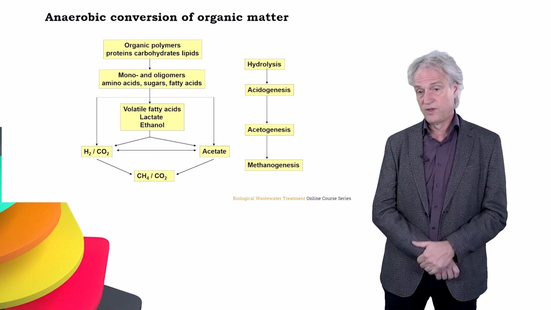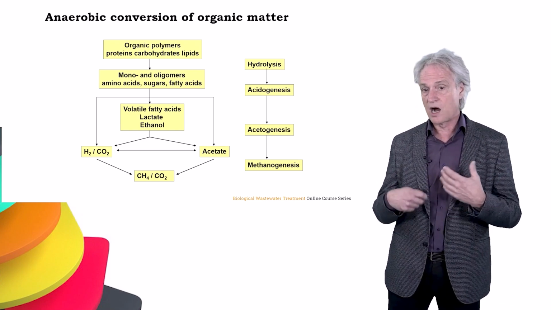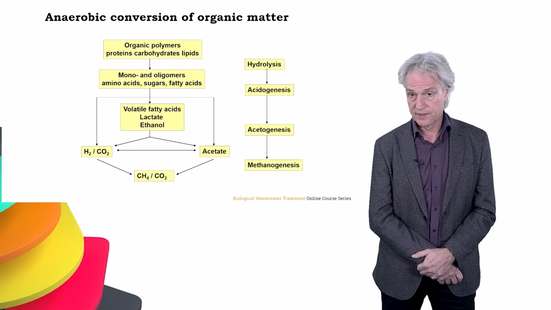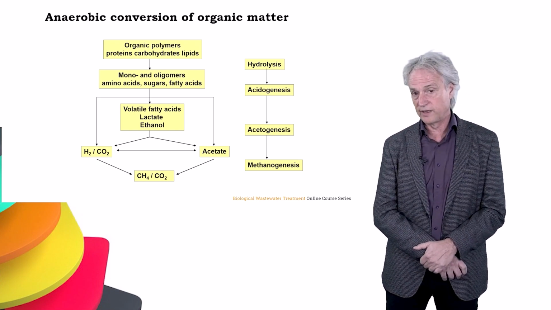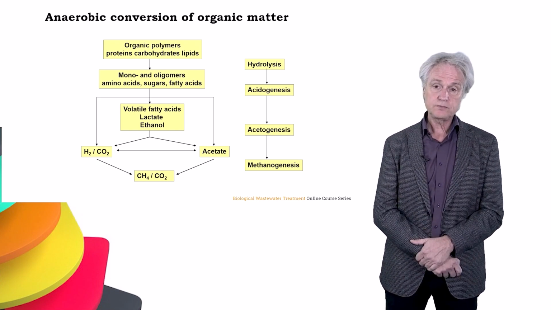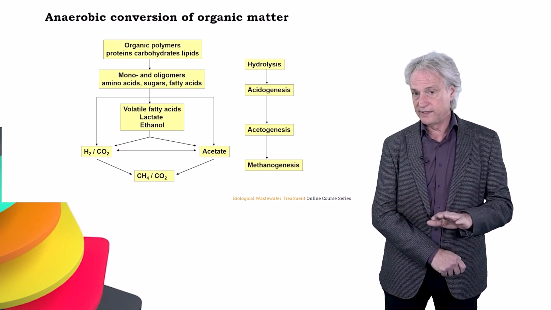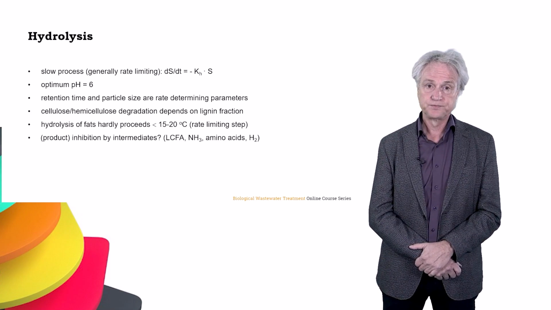Now the last step is a very typical step. It is performed not by bacteria, but by archaea, one of the oldest organisms of our planet. And they transform these intermediate products, hydrogen, CO2 and acetate, into methane and CO2. It's a stepwise approach, and it is completely different in comparison to the activated sludge conversions.